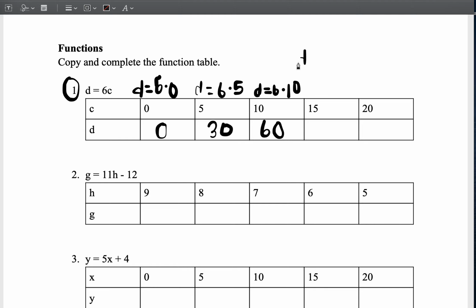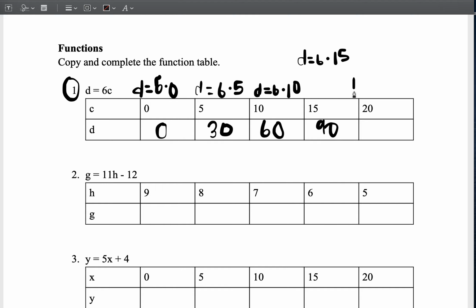Next, D equals 6 times 15. And this one, you're going to have to be doing a little bit more practice math on this side. And after you do it, we know that 6 times 15 on the side after you do it, just pause the video and come back, is 90.